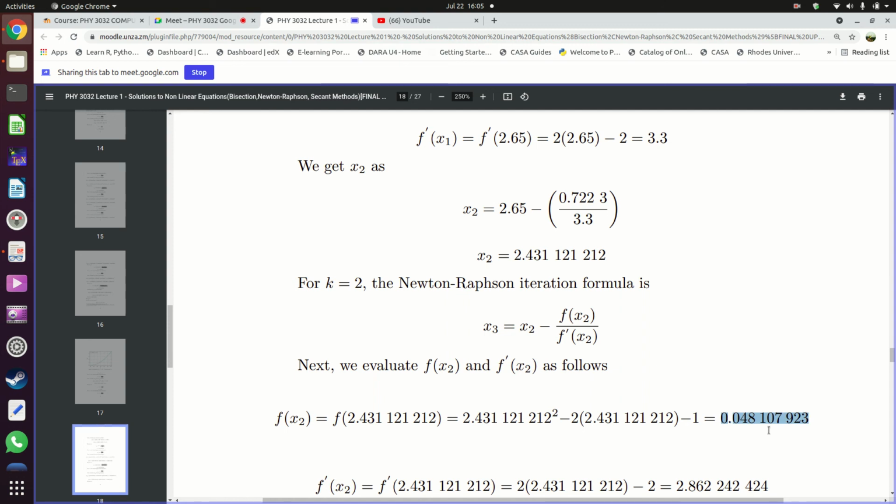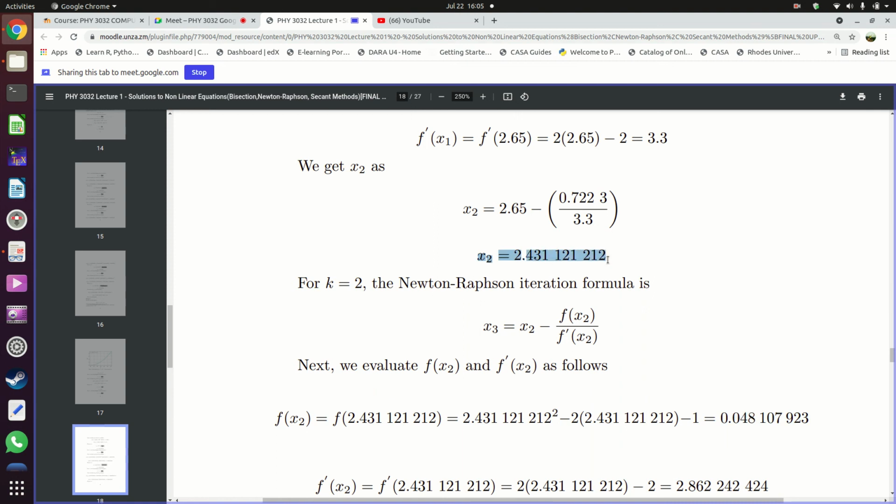So you can see it's already 0.0 something. That's why we're saying we already have something acceptable. Is that clear? Yes. So our x2 is a good solution, but we can do better.